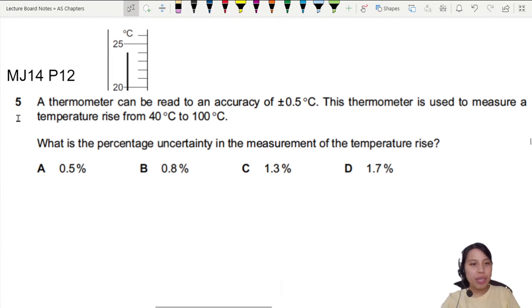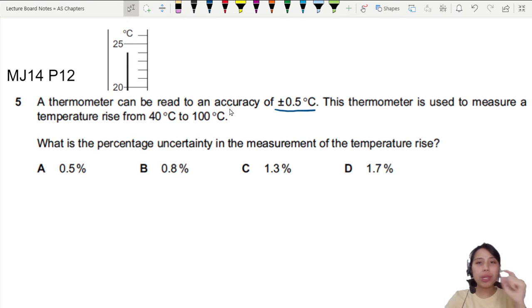Here we have a thermometer question where they tell us that a thermometer can be read to an accuracy of plus minus 0.5 Celsius. Where did they get this? How did they even know this uncertainty? Well, for standard thermometers, the smallest division is typically 1 degree Celsius.